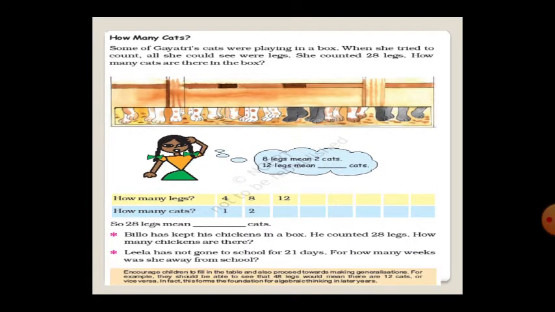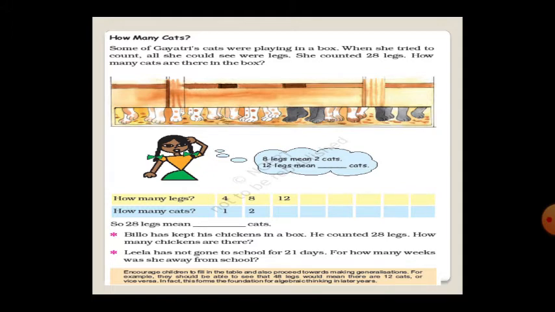Now, how many cats? Some of Gayatri's cats were playing in a box. When she tried to count, all she could see were legs. She counted 28 legs. How many cats are there in the box? See, here you can observe in this picture so many cats are there.